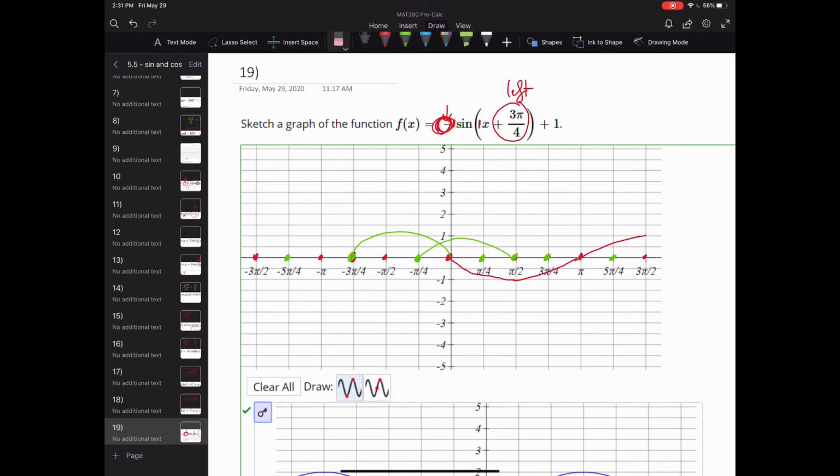So let's just erase that line. Let's erase that line, and this was originally red, so let's put that back red.